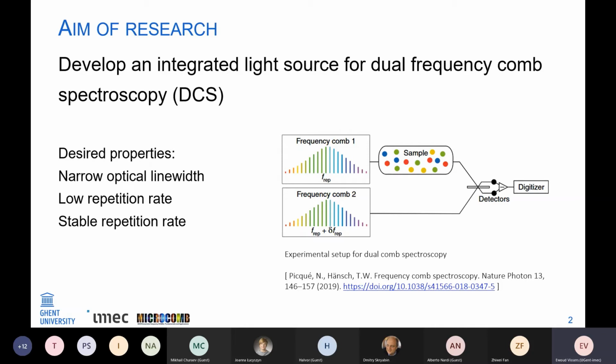I'm trying to generate an optical frequency comb that will be useful for dual comb spectroscopy, where you take 2 frequency combs with a slightly different repetition rate, and one of those you send through a sample. Then using a single detector, you can retrieve the absorption spectrum of the sample using only one photodetector and one RF detector.